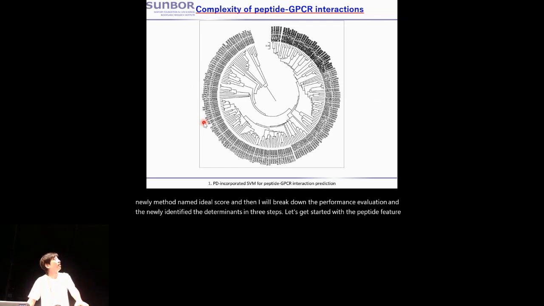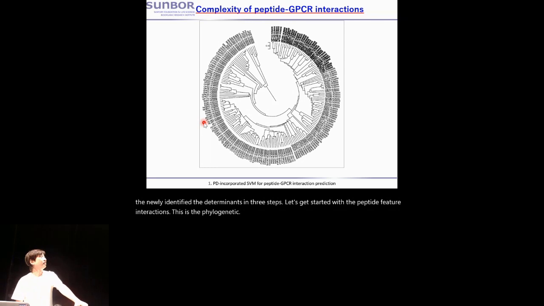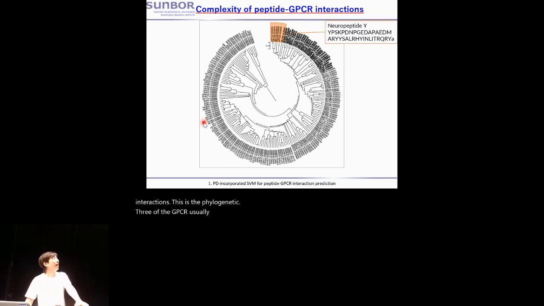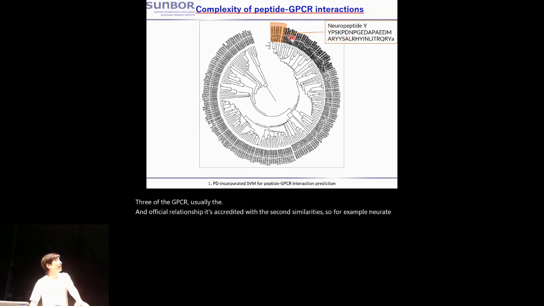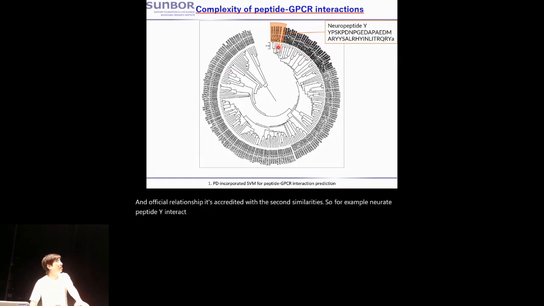This is the phylogenetic tree of the GPCRs. Usually, the peptide and GPCR relationship is correlated with the sequence similarities. So, for example, neuropeptide Y interacts with the five similar GPCRs named NPYR1 to 5.